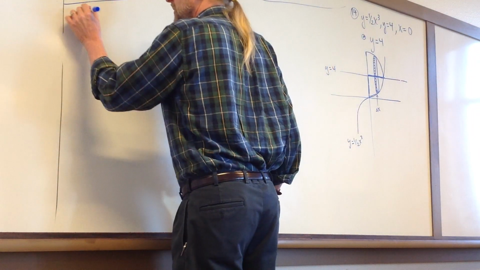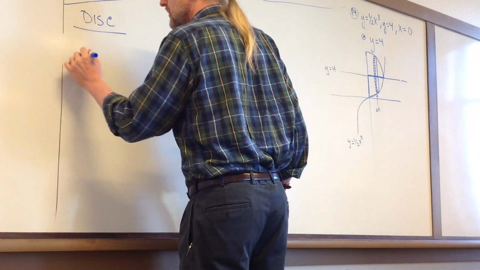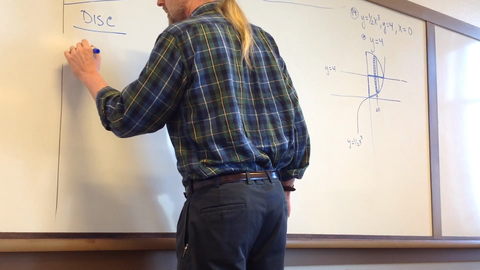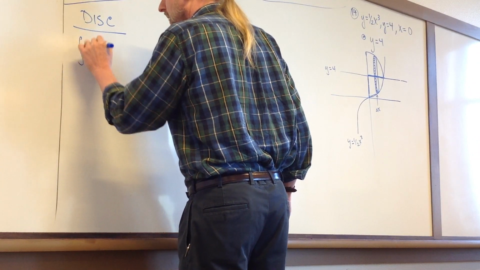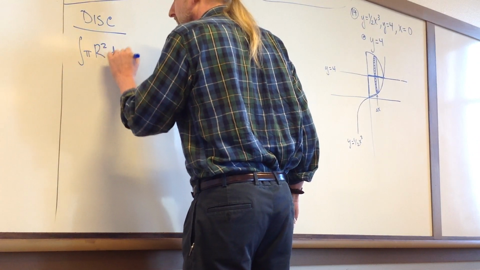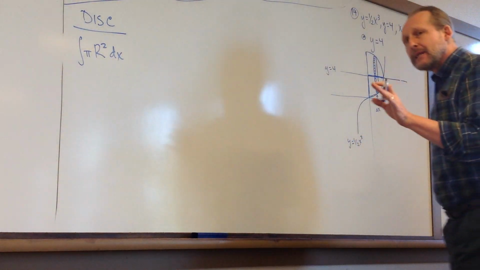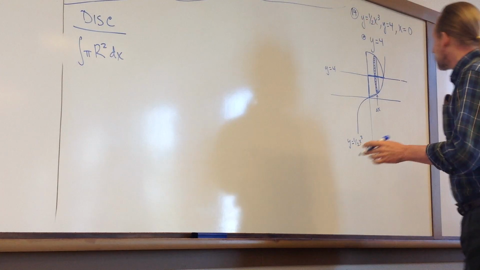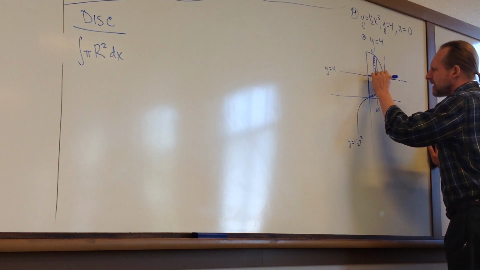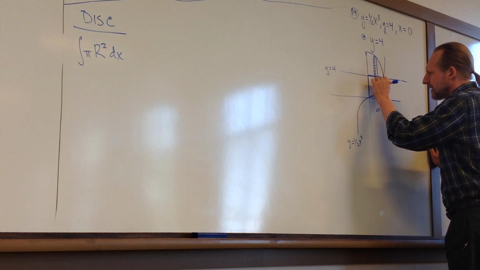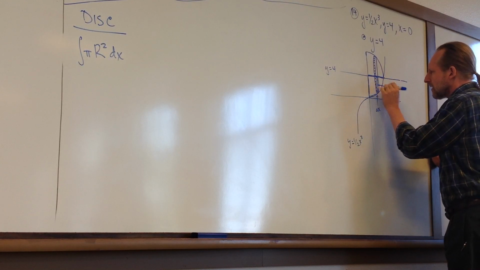And so our formula for the disk is going to be integral pi r squared dx. Okay? Now the key here is identifying the radius, because here is the radius right there. That's our r.